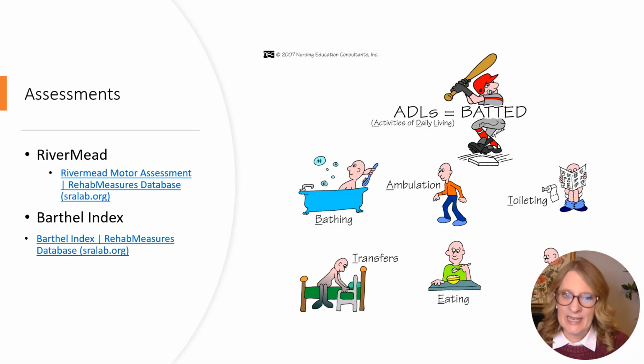So for your assessment, again, these are in the lesson section. We have gone over the Barthel. Remember, we did that last semester. Now, the River Mead is new. We didn't actually do the River Mead, and so you're going to want to review that. It's a pretty straightforward scoring system, 0 or 1.